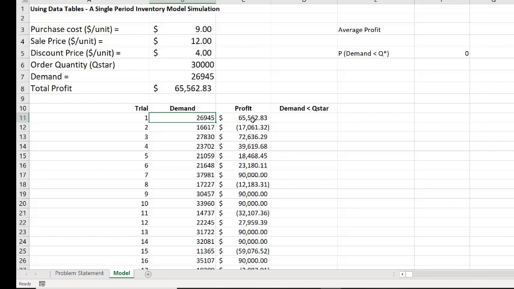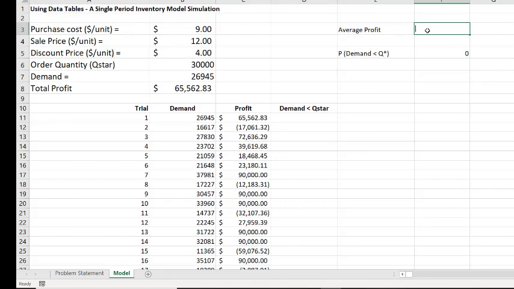Now what we would like to do is to find out if in fact we have used the optimum order quantity in order to come up with the best profit. For that, I will have to calculate the average profit. So in this case, my average profit will be located here.